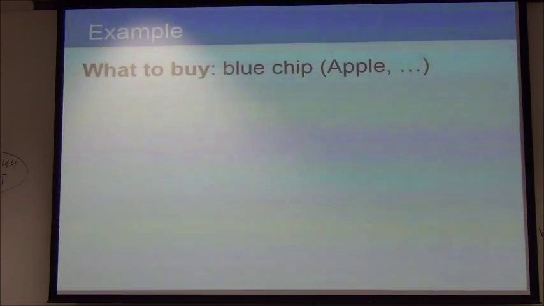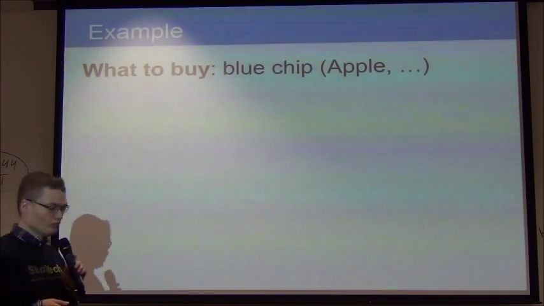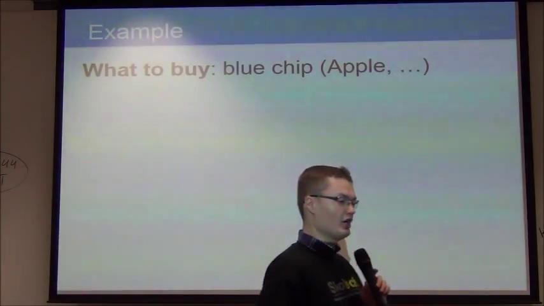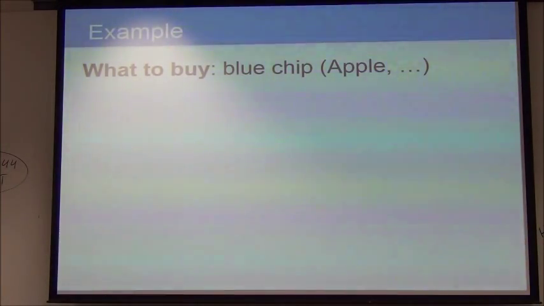First, let's start with the first part. It's what to buy. Here we can create a strategy for people with low risk. And in this case, we would like to select blue chip stocks. For example, Apple, or we can make a list of, for example, 10 stocks like Apple, Google, etc., General Motors.